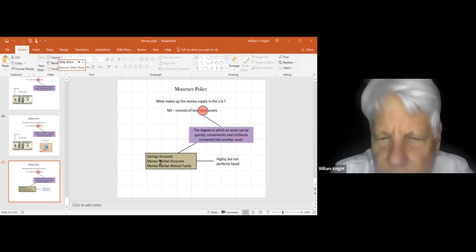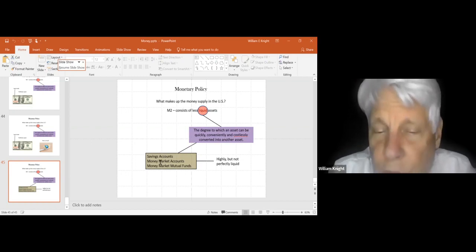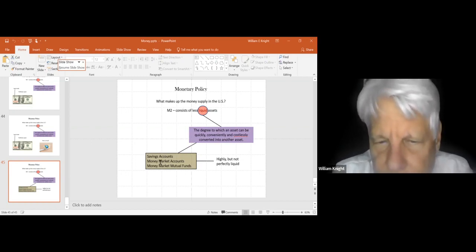A savings account is a little bit different, though. A savings account is treated differently. When you deposit money in a savings account, the bank takes that money and lends it out. And they lend it out for longer periods of time because there are restrictions on that savings account.